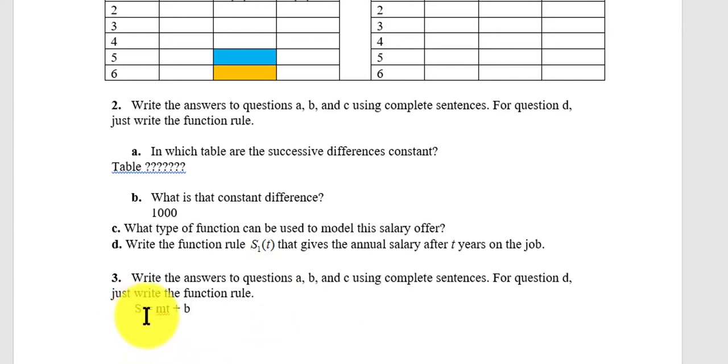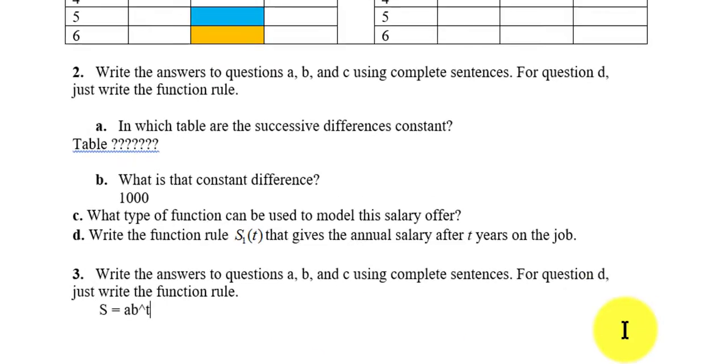That's the same as y equals mx plus b. Again, they just used s for y and t for x. And if you thought it was exponential, you might say s equals ab raised to the t, right? A times b raised to the t, and so on. Let's see if I can make that a little bit bigger.